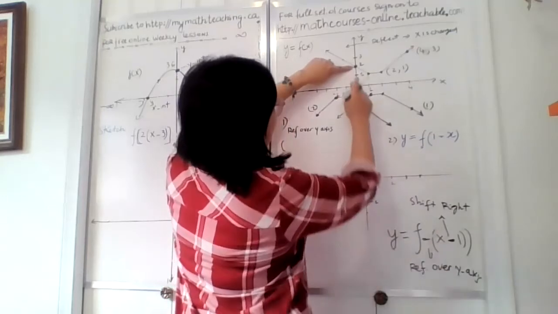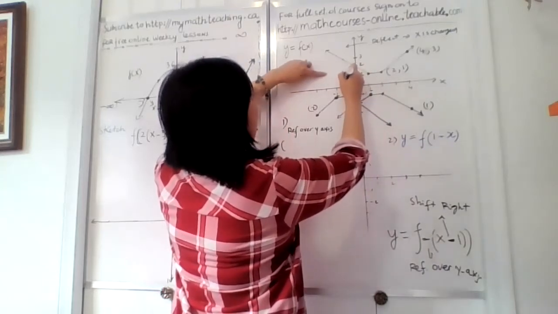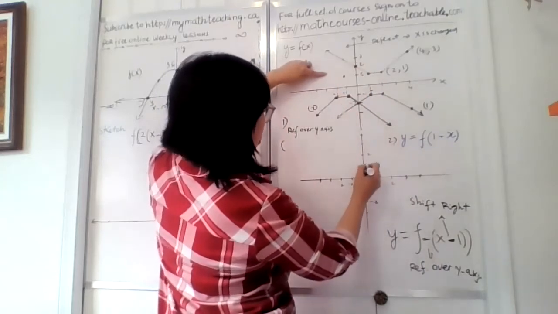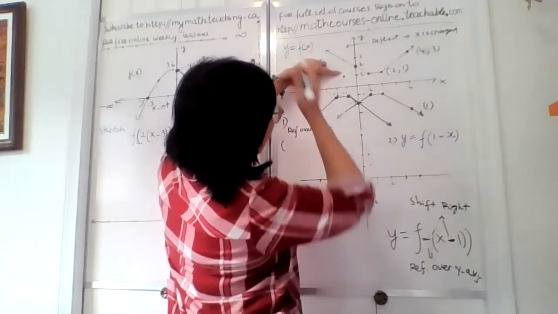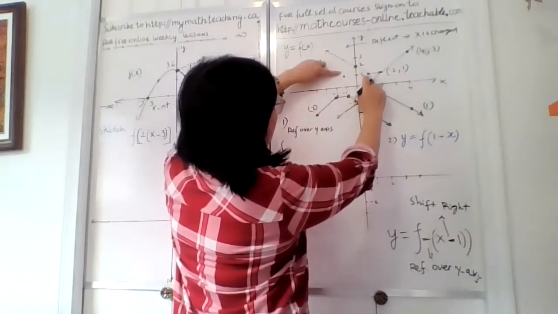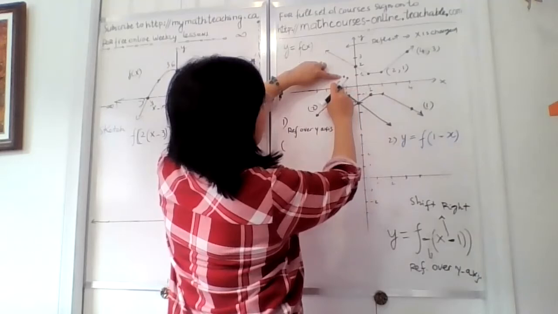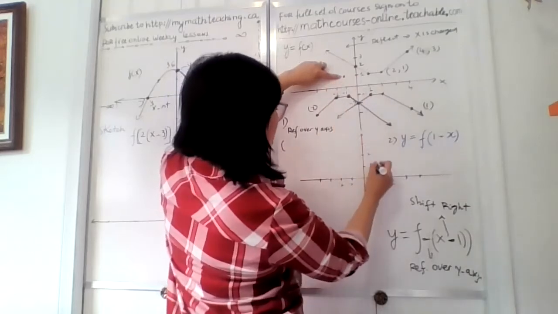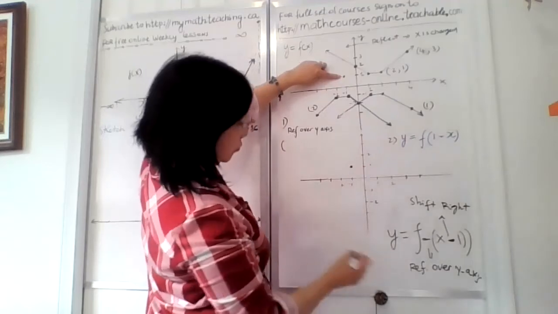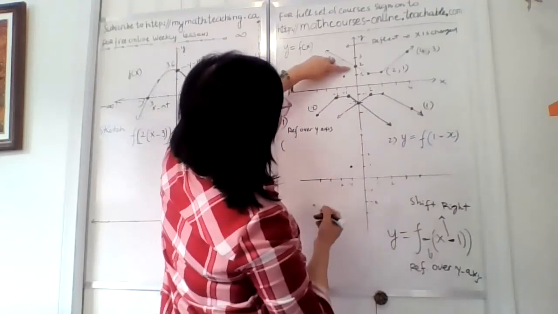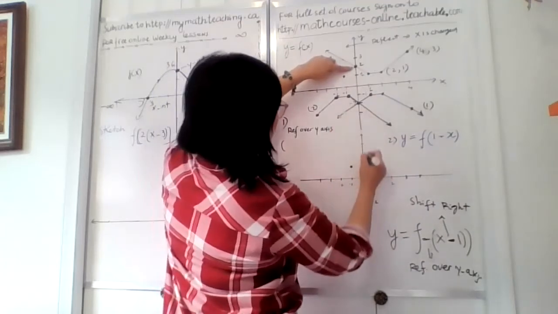So if we reflect over the y-axis, the x-coordinate will change. So positive 1 here will become negative 1 here. A positive x, reflect over the y, positive x will become a negative x. So instead of the point here, it will be here, right? The base point is 2, stay the same.